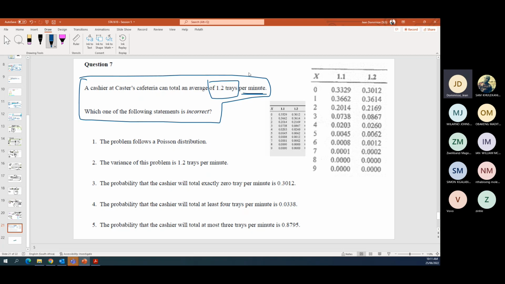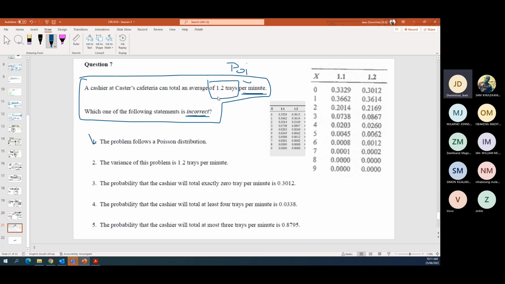So that per minute tells us it is Poisson. Looking for the incorrect one, so let's just check. The problem follows a Poisson distribution, so that is correct.